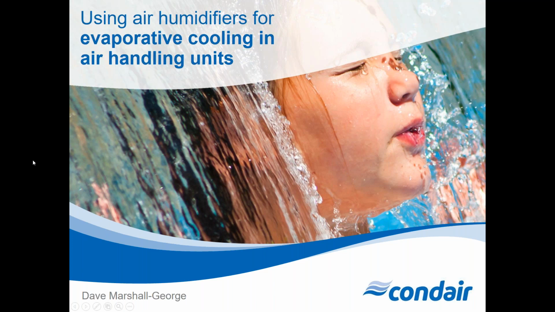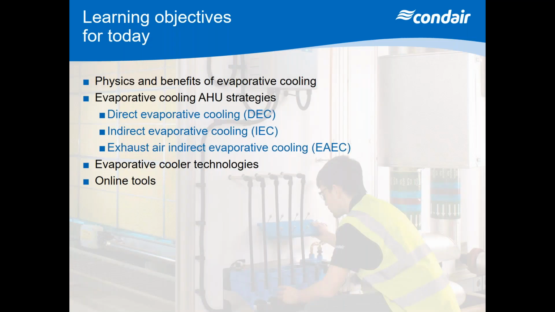So firstly, again, thank you for joining us today. The webinar today is about using air humidifiers for evaporative cooling in air handling units. The objectives for today are that we're going to look at the physics and benefits of evaporative cooling. Then we're going to look at evaporative cooling strategies in air handling units.